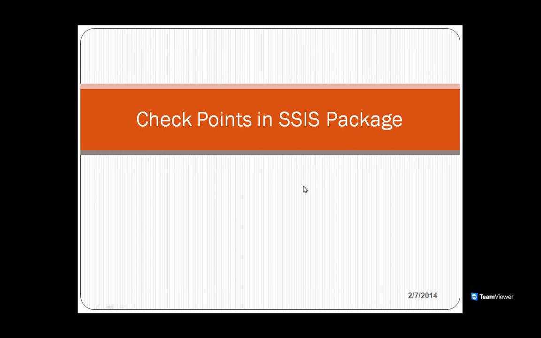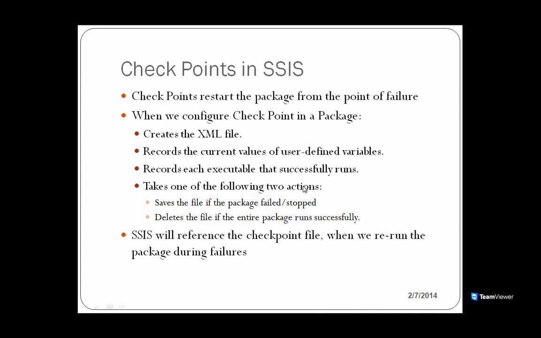So let us understand what features we have. Checkpoints restart the package from the point of failure. For example, I have task 1 and task 2. Task 1 completes successfully, and the package fails at task 2 because of some issues.